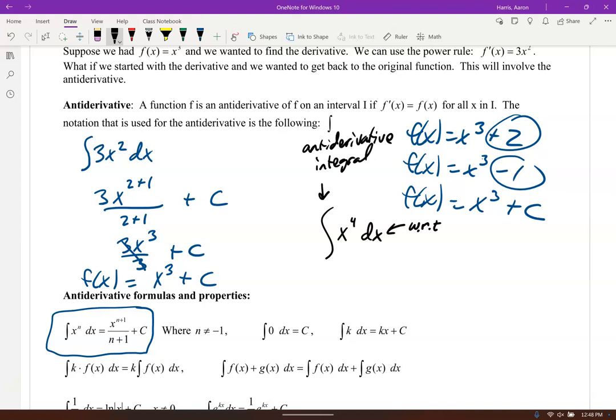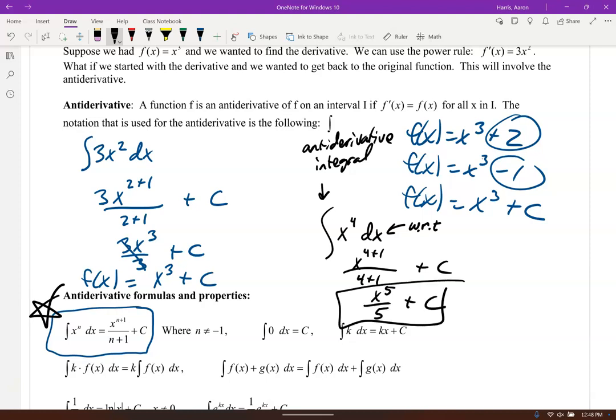Okay. And so in this case, we're looking for the function whose derivative is x to the fourth, right? So let's actually use the rule over here. So I go x to the 4 plus 1 all over that 4 plus 1 and plus a constant. So x to the fifth over 5 plus a constant would be our answer.